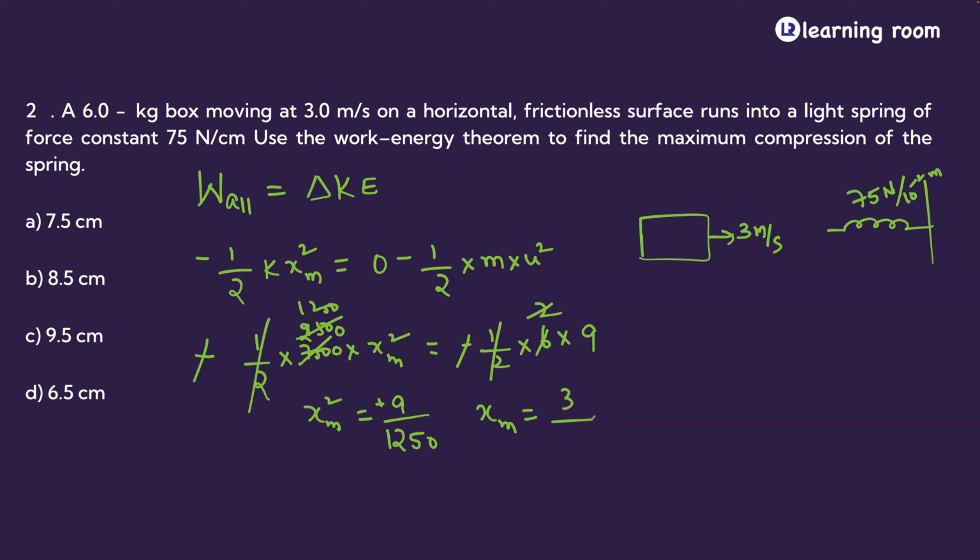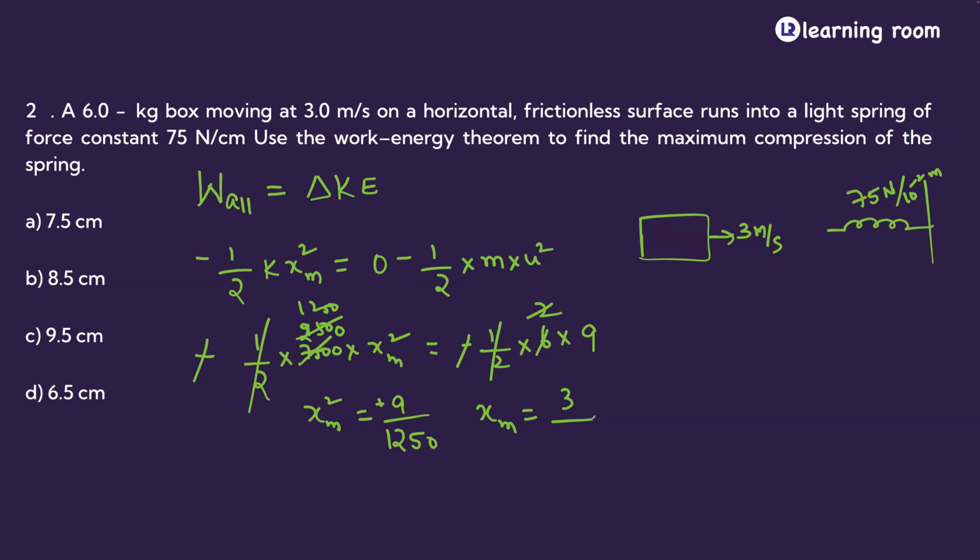What is the square root of 1250? Sorry, is it 20? It's not 25. How much will it come out as? Can I take it as 36?